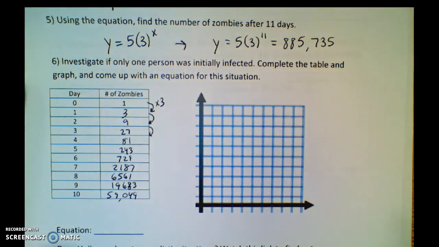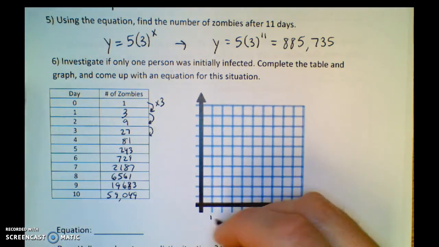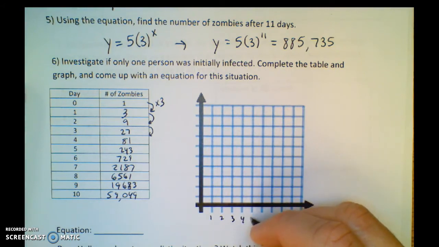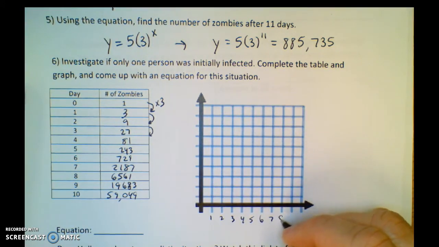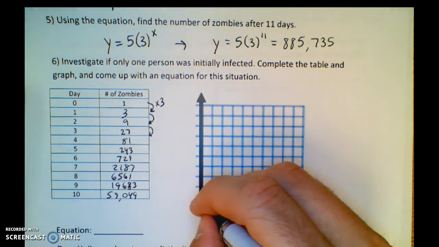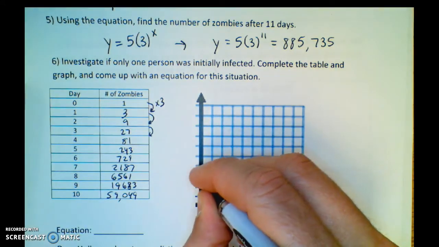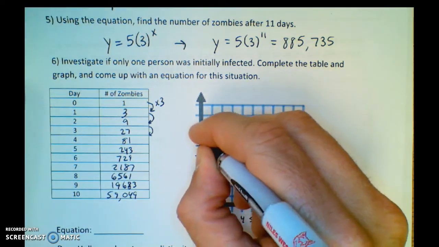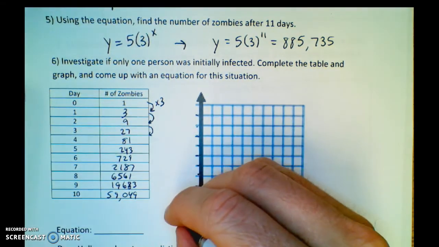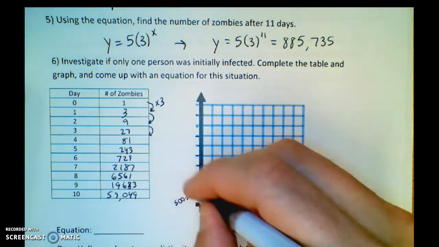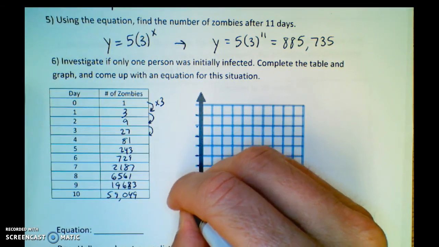Alright, so when it's only one person initially, it's a much different graph and table. So just changing that one value dramatically changes the number of people that get infected. So this time, instead of going up by 25,000, I think I can go up by 5,000 this time.